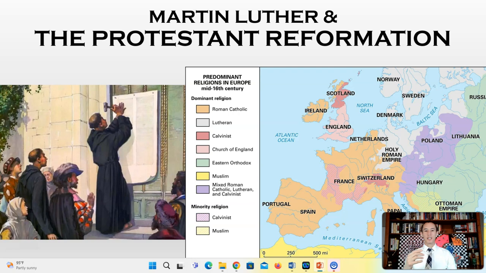Protestantism includes Baptists, Methodists, Lutherans, Calvinists, Church of England, Mormons. I mean, it includes everything else that is not Catholic and Eastern Orthodox.